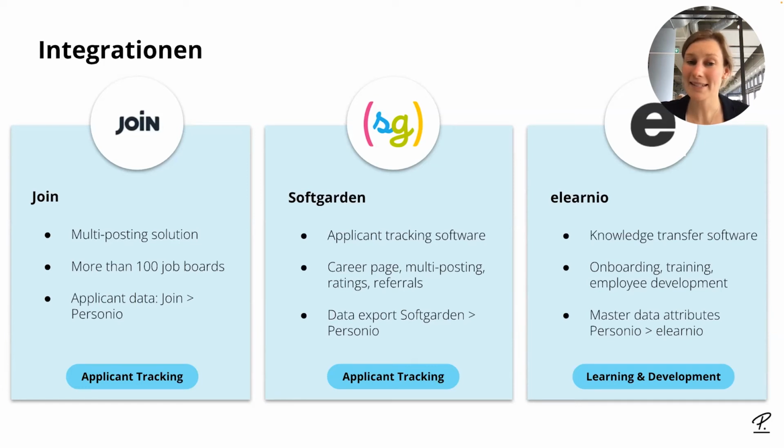And coming to the last integration, it's elearnio. It is a talent management software for digital pre-boarding, onboarding, training, and employee development. And it stands for quick training creation. So you can really create your own videos, integrate seminar dates.